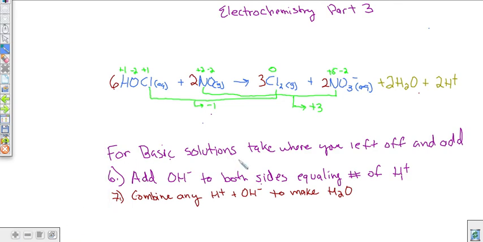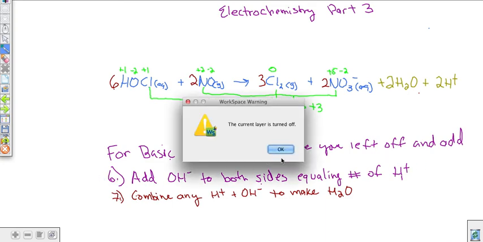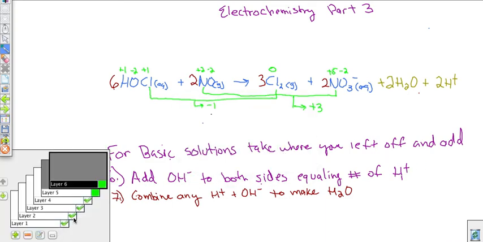Now, for basic solutions, you take where you left off. I just went through and quickly showed you where we got to before. So you take where you left off and you add 2 things.